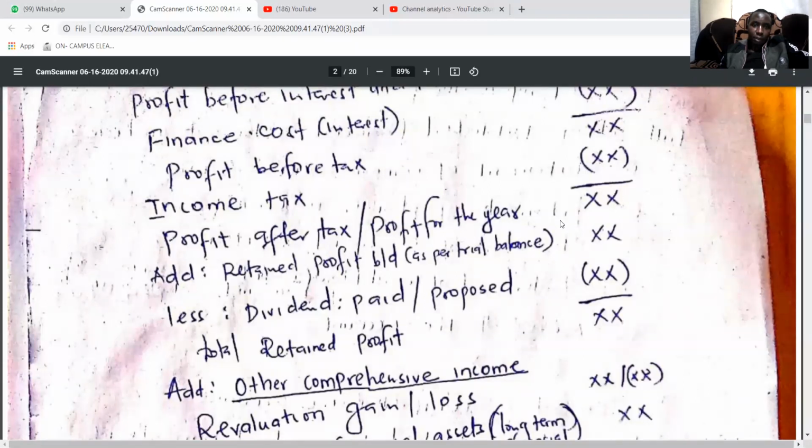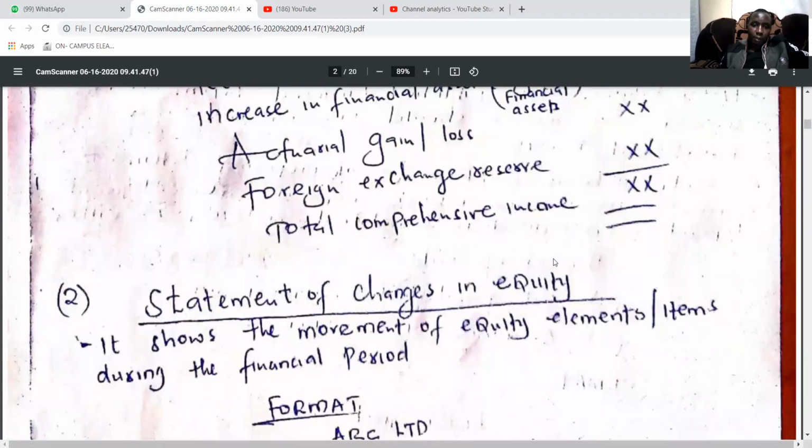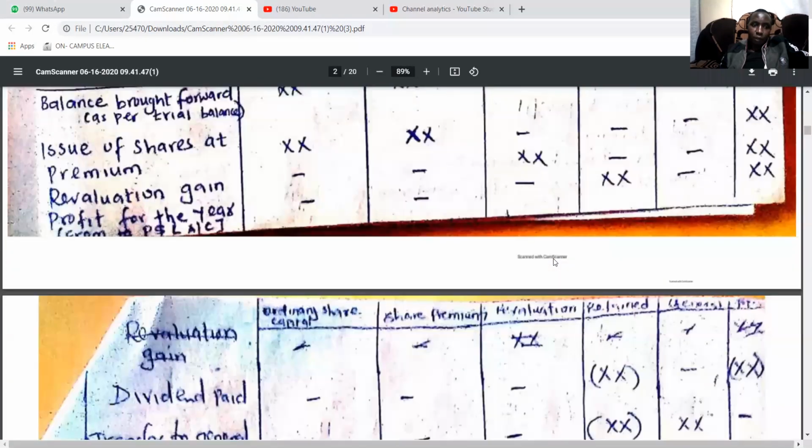Remember that the profit for the year goes to the retained earnings column, or we call it the retained profit column, and the total. Obviously, these figures, you have to take them to the total. I am assuming you know that.